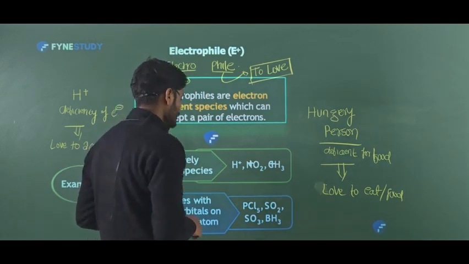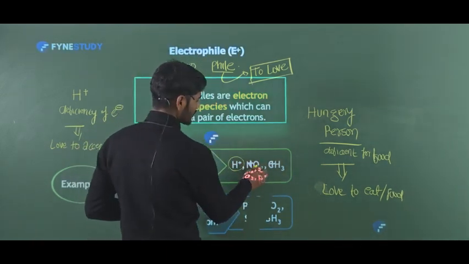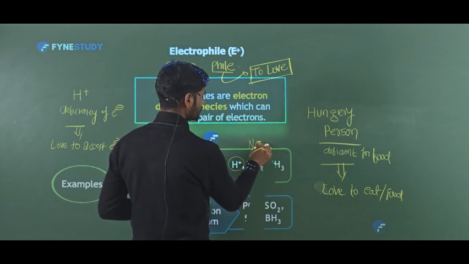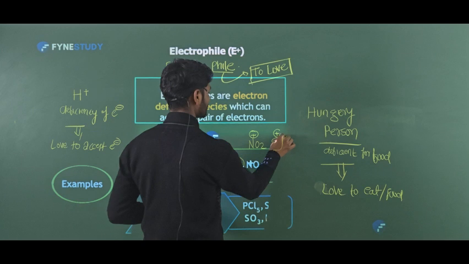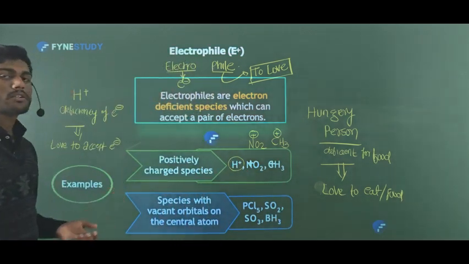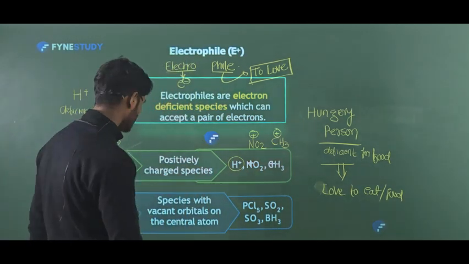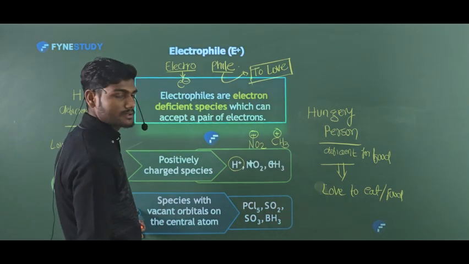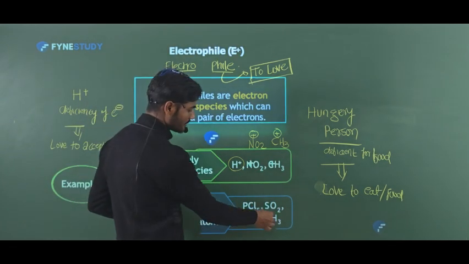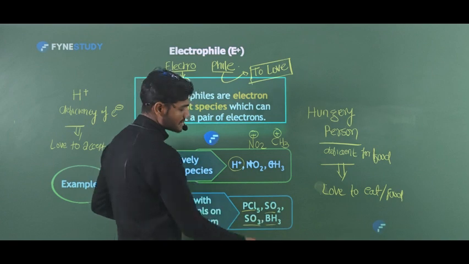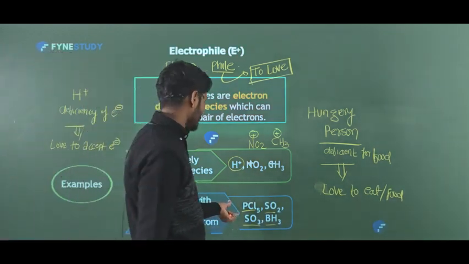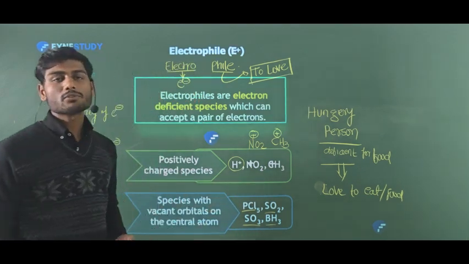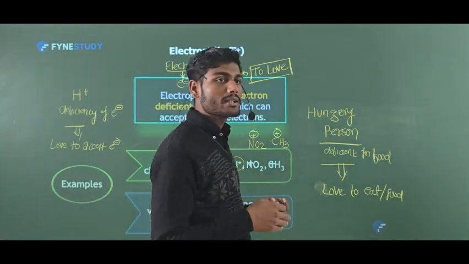So H plus, NO2 plus, CH3 plus are electrophiles, and some more examples are PCl5, SO2, SO3, BF3. These are also electrophiles. Why? Because the central atom of that molecule has a vacant orbital.